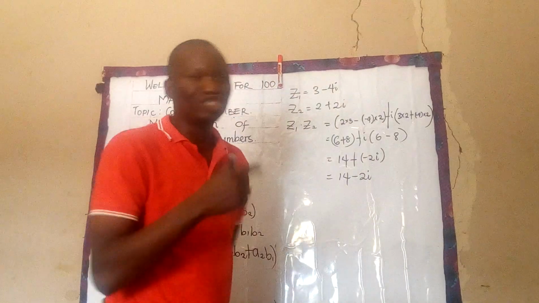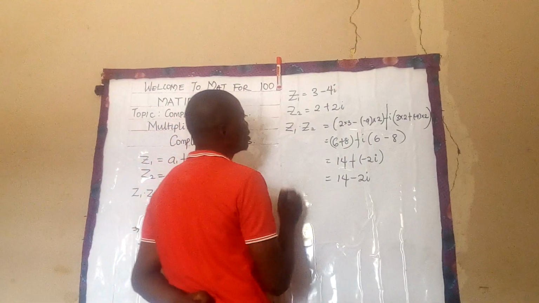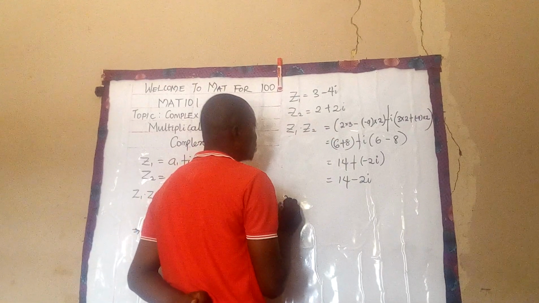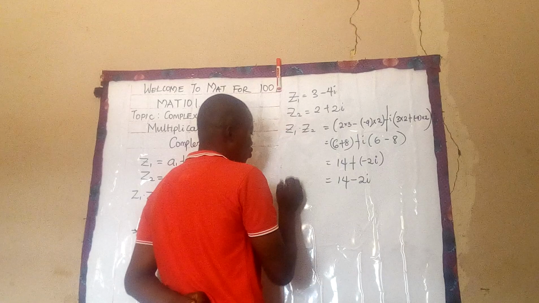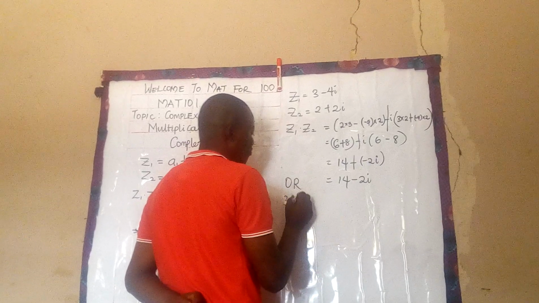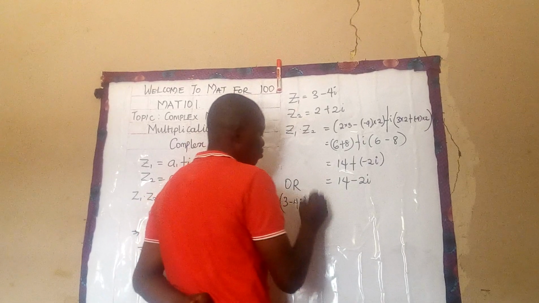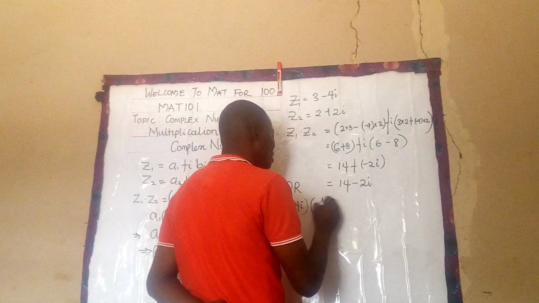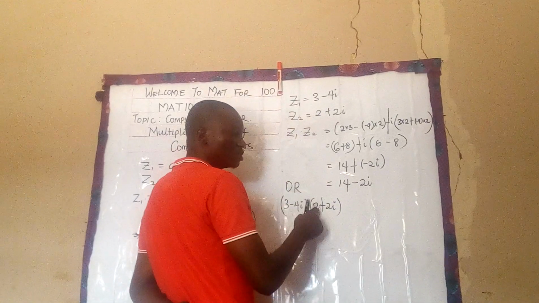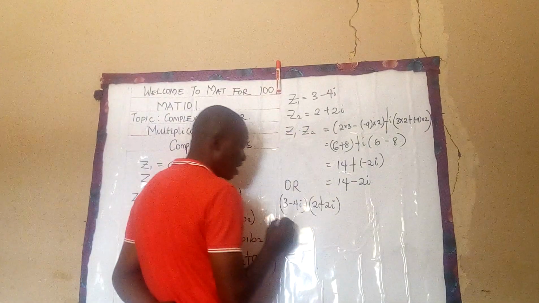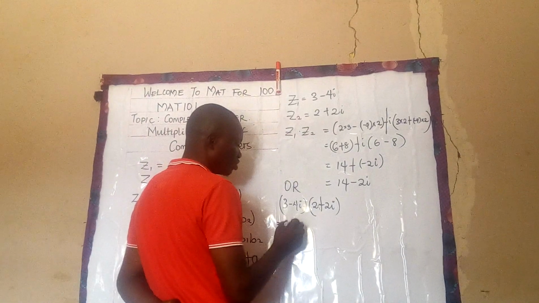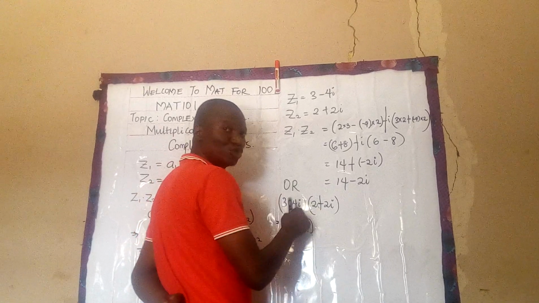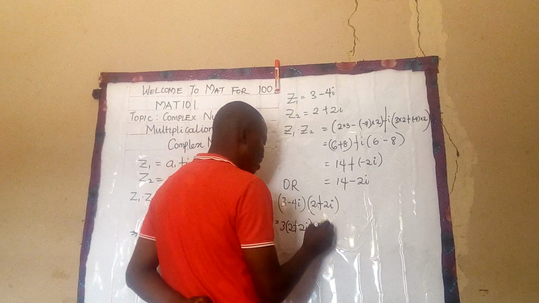So if we follow the normal process for doing multiplication, how do we solve it together? We have 3 minus 4i multiplying 2 plus 2i. So when we do this, we use this 3 to open the bracket. So we have 3 open bracket 2 plus 2i. We use negative 4i to open the bracket.